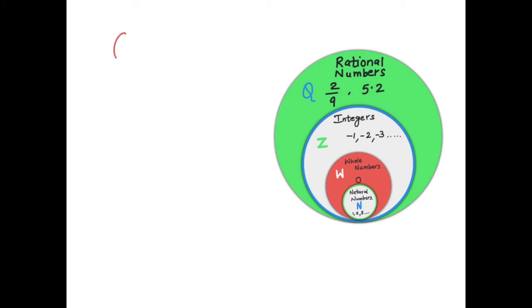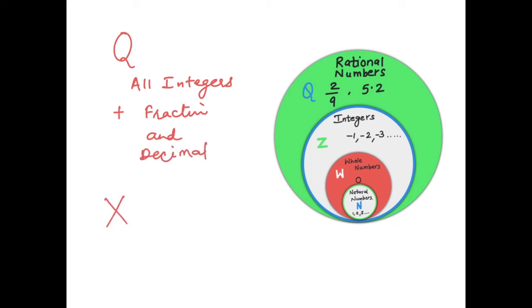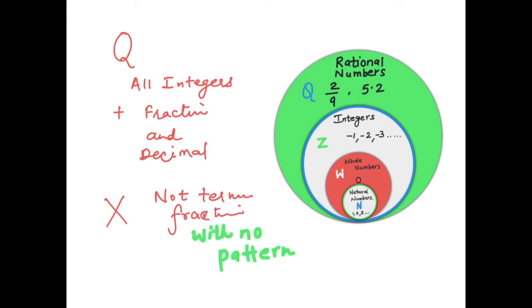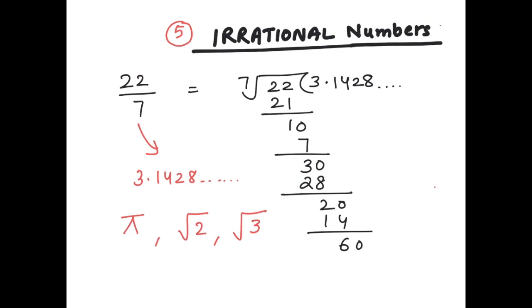And rational numbers are denoted with the letter Q. So it includes all integers, also fractions and decimals, but it does not include non-terminating fractions with no pattern. Irrational numbers. So it's very clear the numbers which are not rational numbers are irrational numbers.